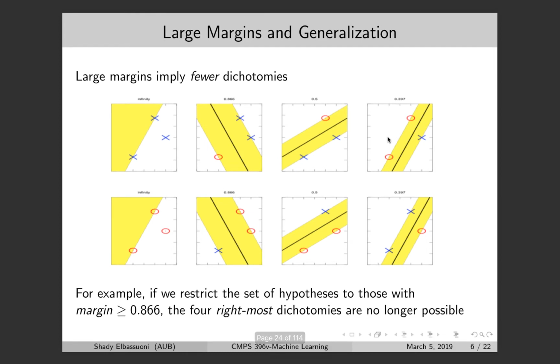Now, if I restrict the set of hypotheses to those whose margin is greater than or equal to 0.866, I'm reducing the degrees of freedom. So I'm not allowing the model to just choose any line. It's choosing only lines that satisfy this constraint. So the four rightmost dichotomies are no longer possible because they have a margin less than 0.866.